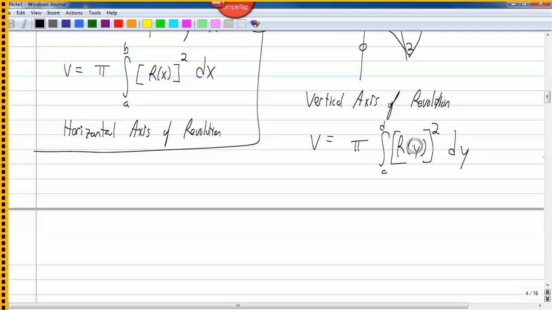It's just that instead of a horizontal axis of revolution, we have a vertical axis of revolution.